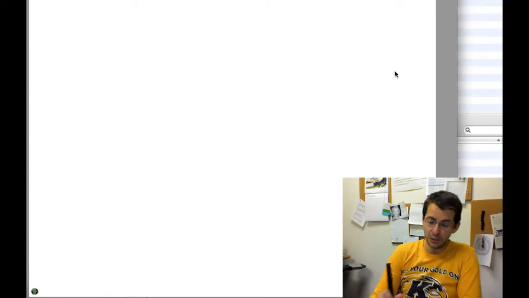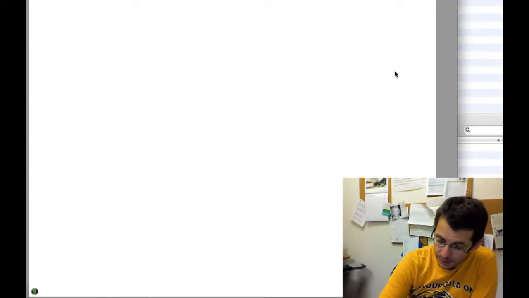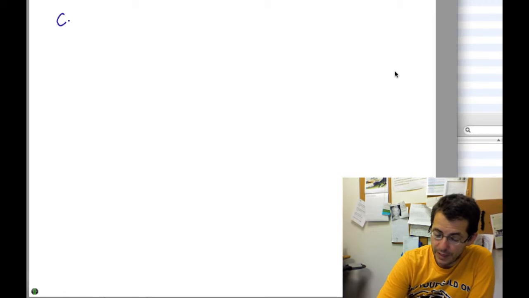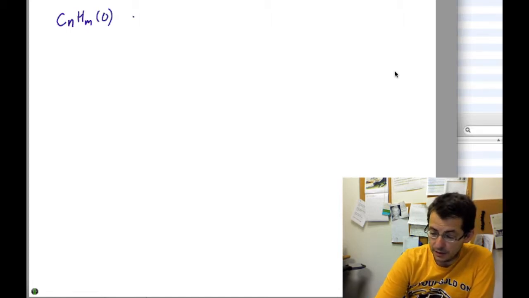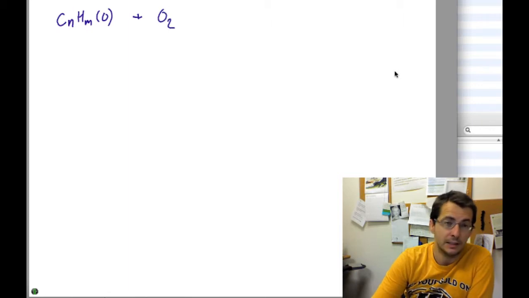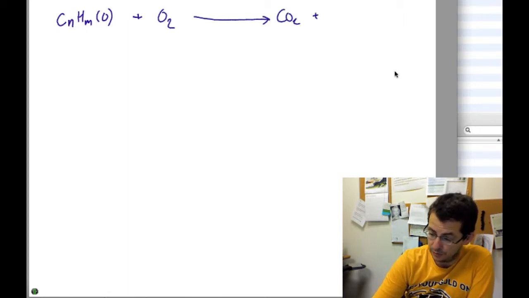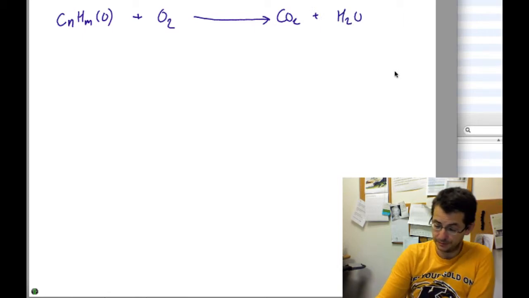Now, how do we actually do this? Usually, we have some carbon and hydrogen containing compounds, maybe some oxygen in there, and you burn it literally in oxygen, which creates the CO2 and water from our previous examples.